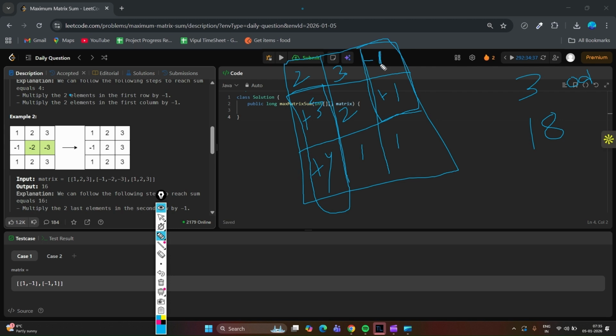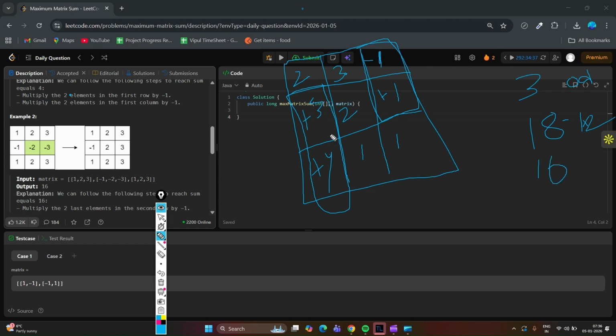If you neglect the signs and look at absolute values, then 1 is the smallest. So we just need to subtract the 1 from the total sum, two times. So 1 into 2, it means 18 minus 2 becomes 16. So our answer will be 16.